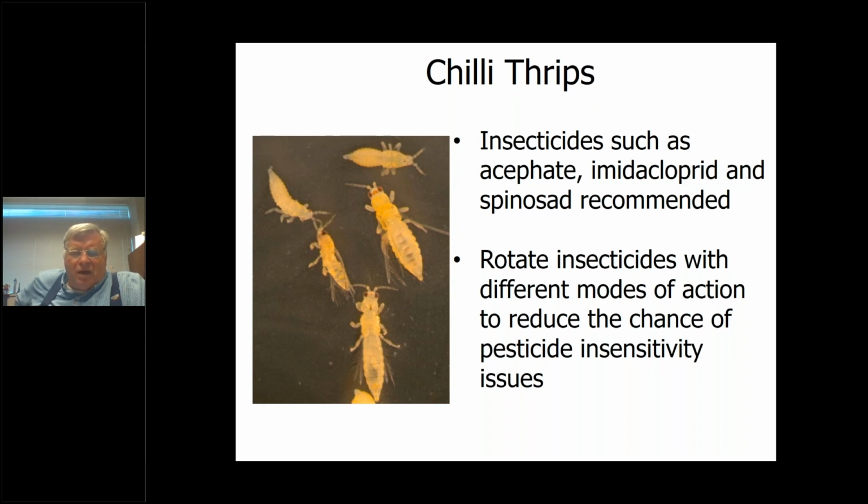I encourage you to investigate that before you start to get into chili thrip control with chemicals. You may need to rotate insecticides because thrips have a reputation for developing insensitivity to overused pesticides. So this is something that we're always watchful for and fearful of.